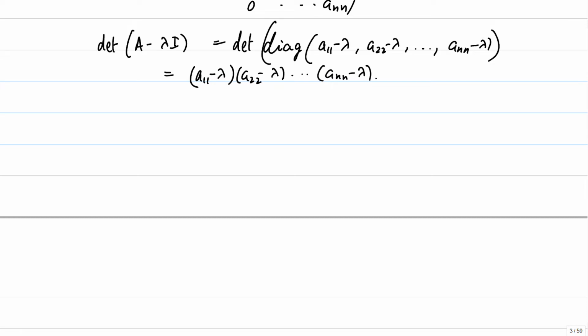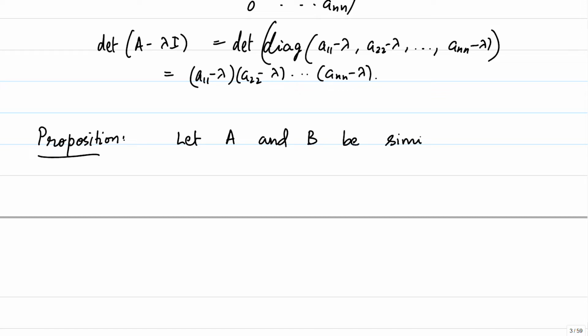Now let's explore some more properties of the characteristic polynomial. The characteristic polynomial has this particularly nice property that it is invariant under similarity. Let me write it down as a proposition and elaborate on it. Let A and B be similar matrices.